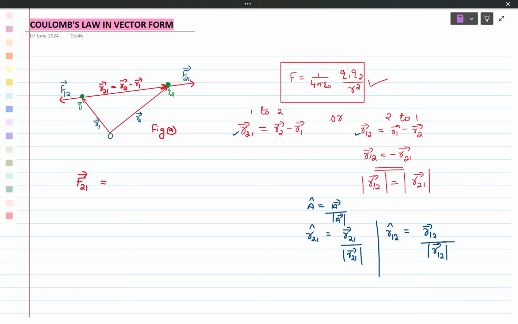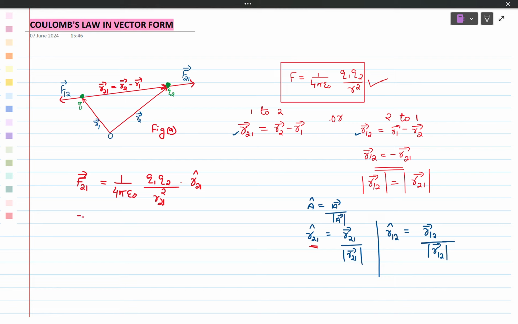So by considering this equation, we can write this as 1 by 4 pi epsilon naught Q1 Q2 by r21 square, into the unit vector r21 cap. So here we multiply the equation with the unit vector r21 cap. Now this is in the proper vector form.